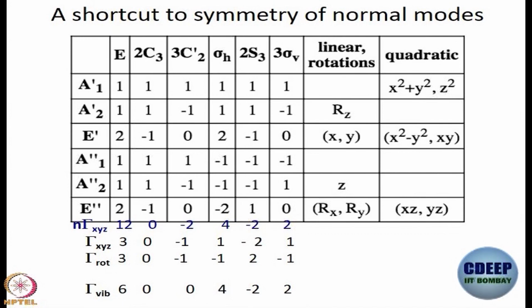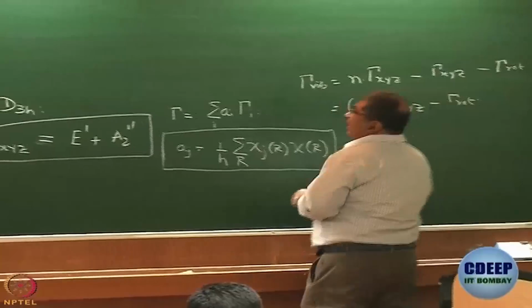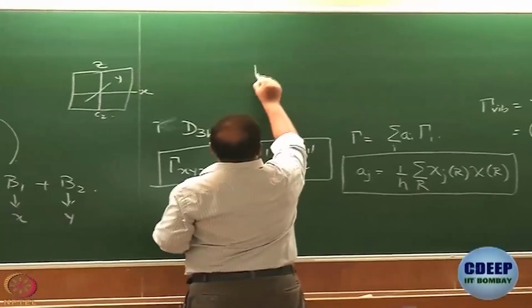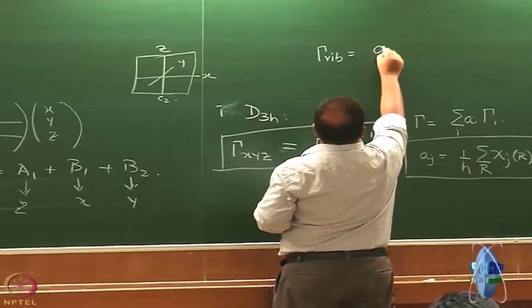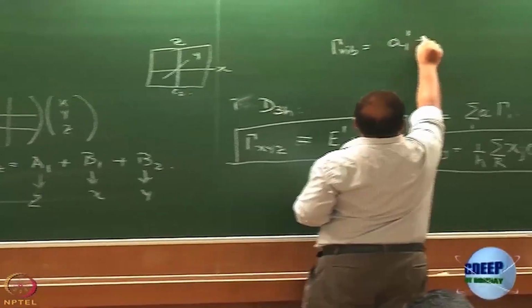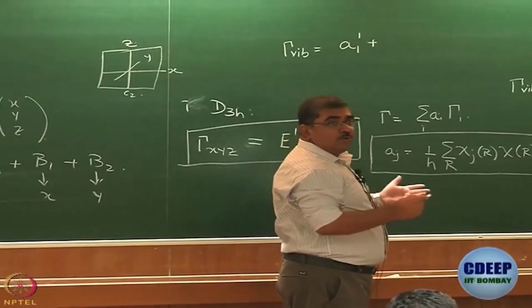What about E dash? E dash is even more interesting because E dash is 2 dimensional. What is the coefficient of E dash? 2. So, let us see what we have so far. We have gamma vib equal to A1 dash plus, you are saying, 2E dash, right?